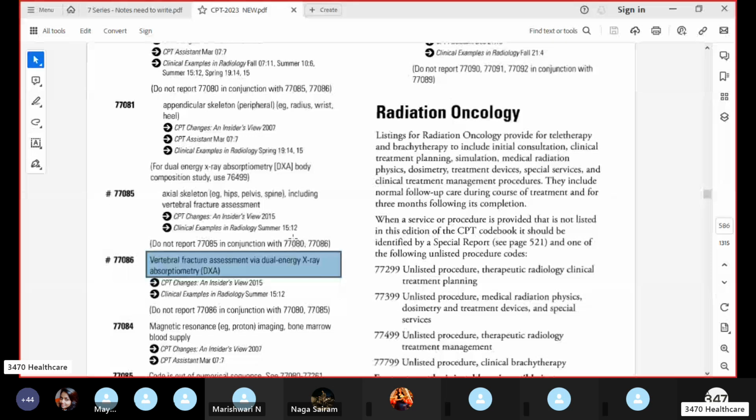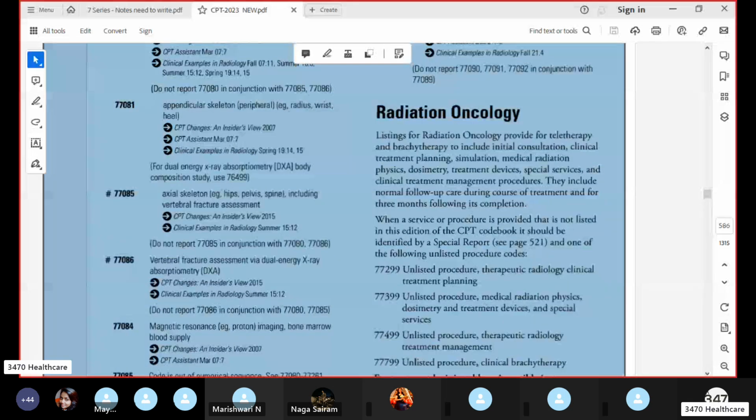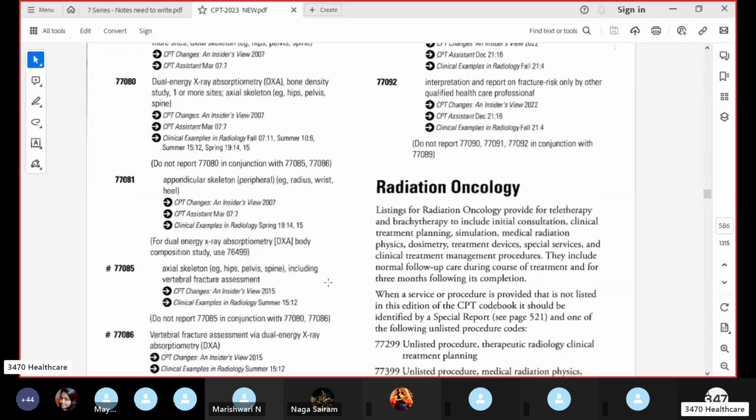Third one. Fourth one is DEXA for the bone density study and vertebral fracture assessment. So 77085, we are reading the subcode. So you want the parent lines. So dual energy X-ray absorptiometry, bone density study, one or more sites, up to semicolon.